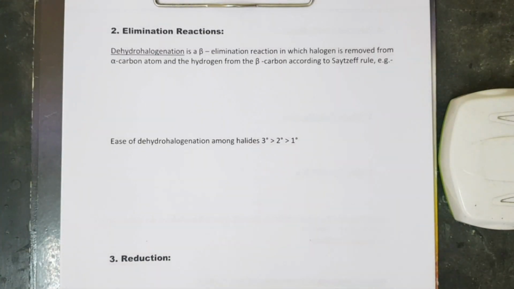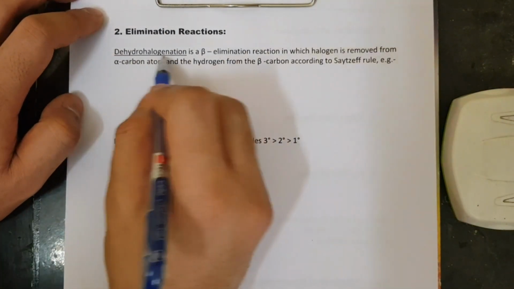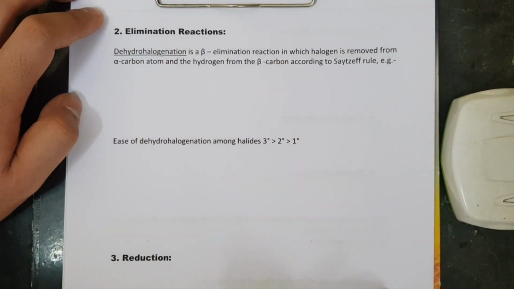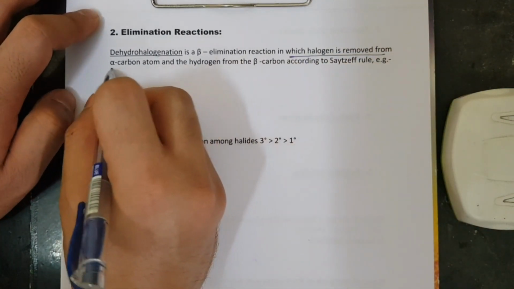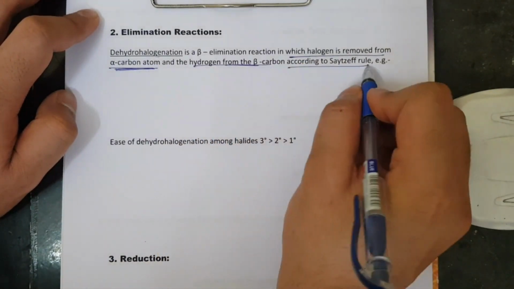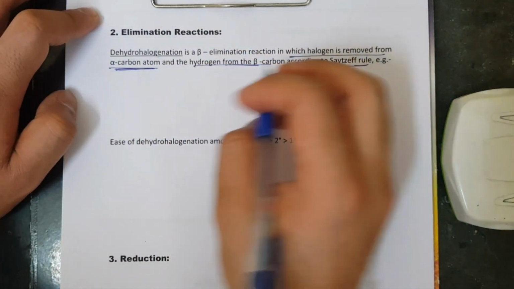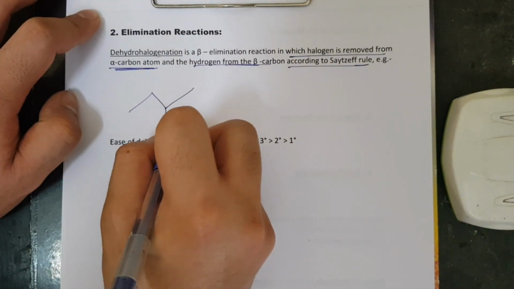After discussing the substitution reaction, let us move on to the elimination reactions now. Dehydrohalogenation is a beta elimination reaction in which the halogen is removed from the alpha carbon atom and the hydrogen from the beta carbon according to the Saytzeff rule. Very simple example, let us try to understand. We have been given this bromine here.